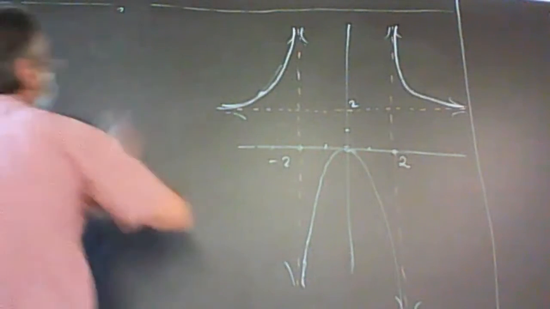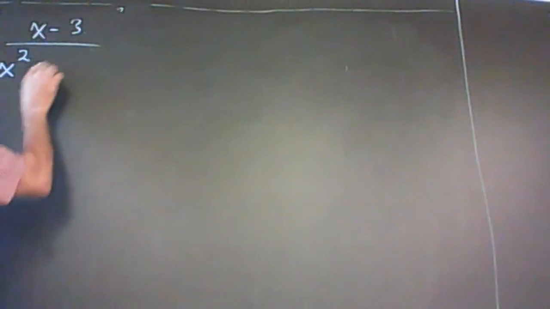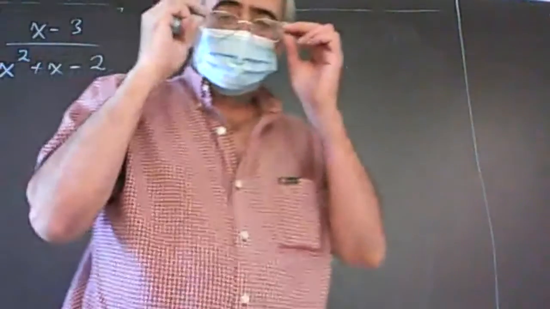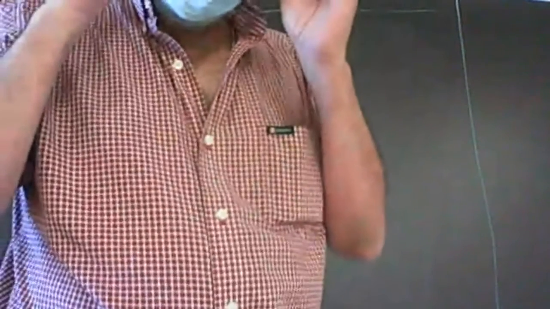One more. x minus 3 over x squared plus x minus 2. x squared plus x minus 2.